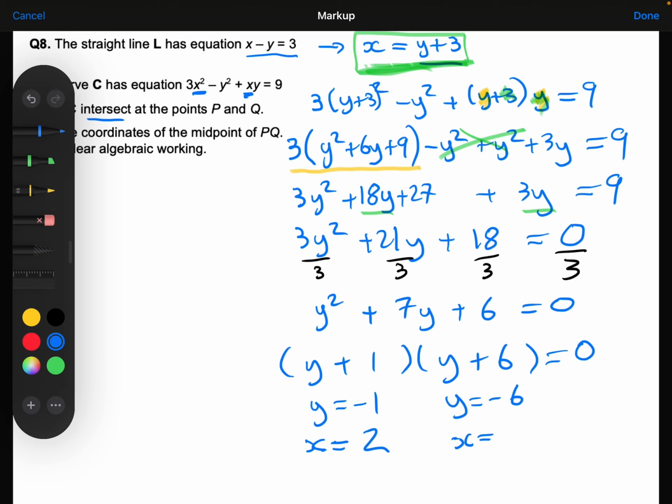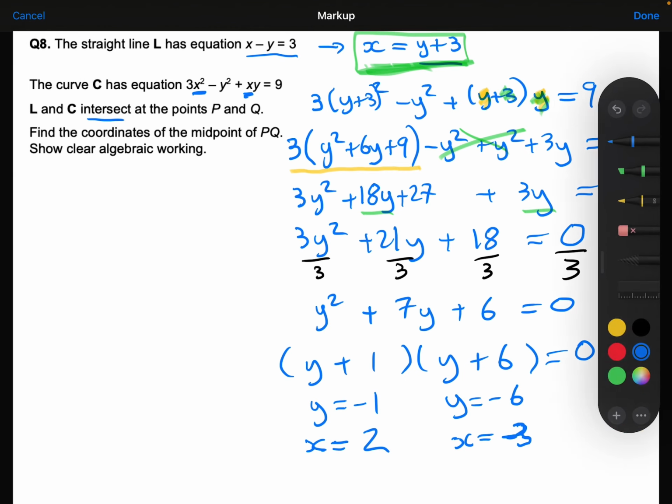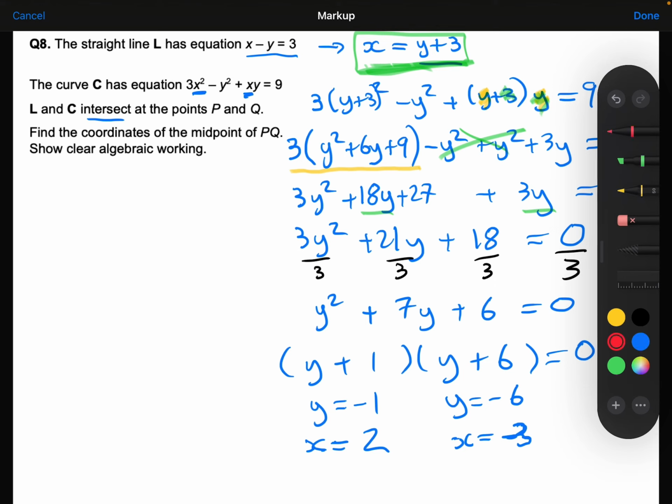Or if y is minus 6, minus 6 plus 3 is minus 3. Okay, so we have got the coordinates of P and Q. It doesn't matter which way round you write them. We can't really tell which one's P and which one's Q right now.